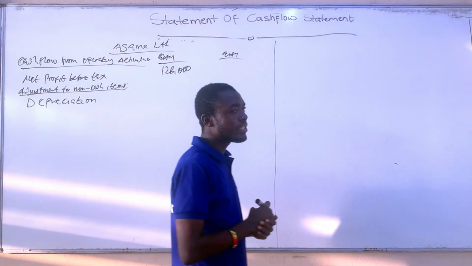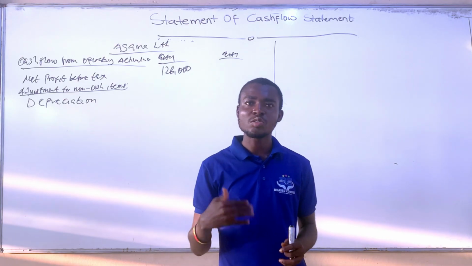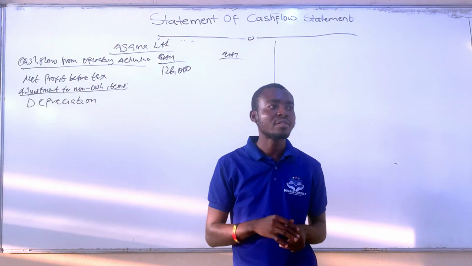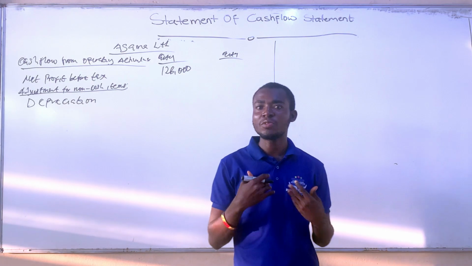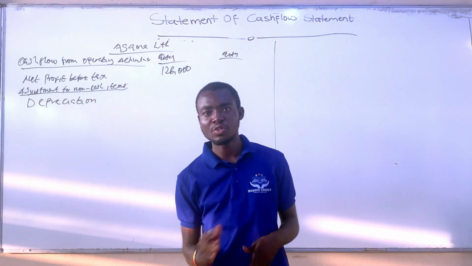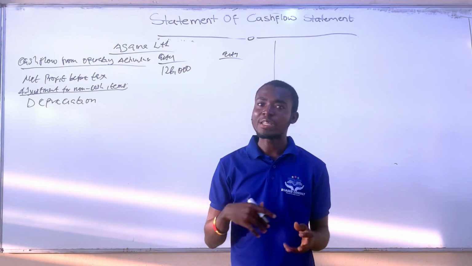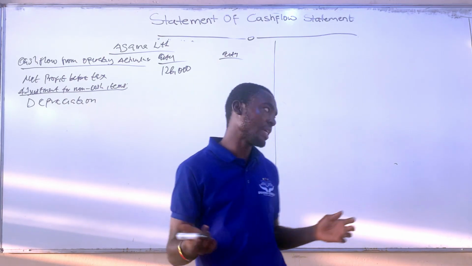So for depreciation, the accumulated depreciation was not given to us in the question. We were given the net book value straightforward. So it is up to us to use some ways and means to get the accumulated depreciation, or to calculate the depreciation charge for the year.